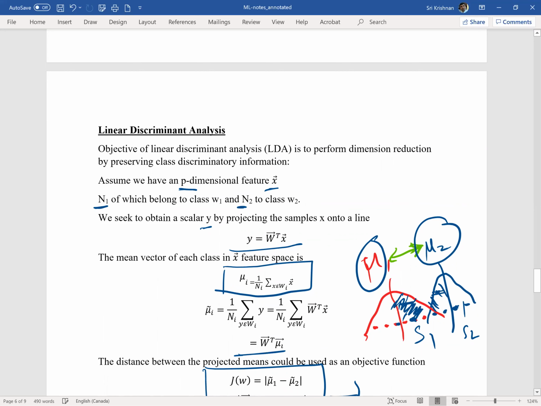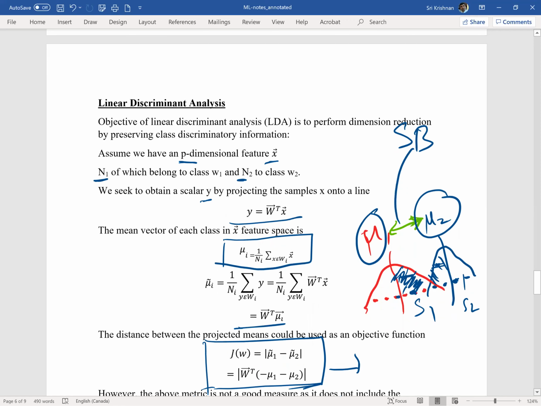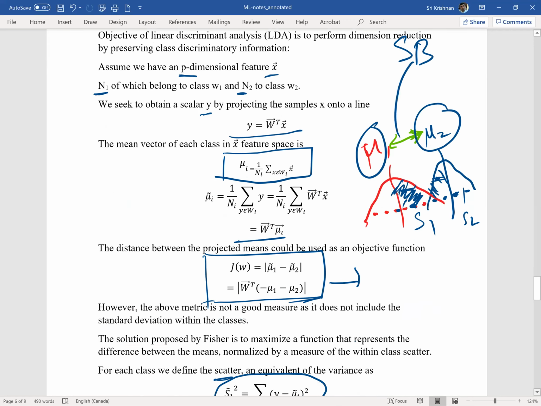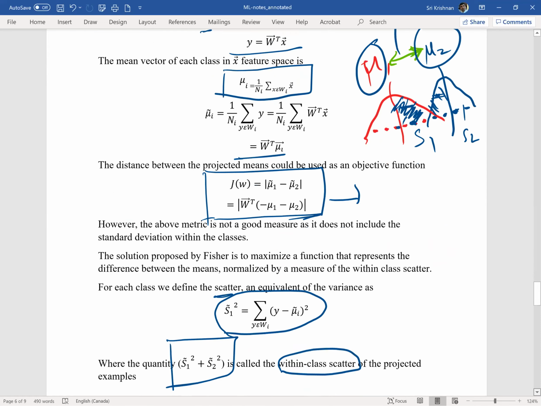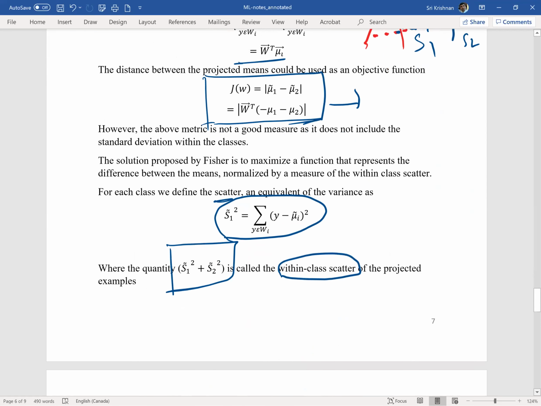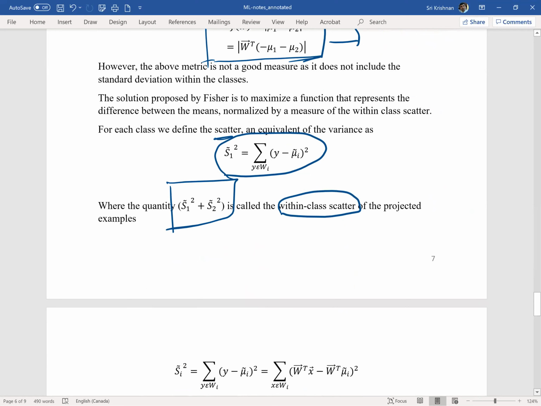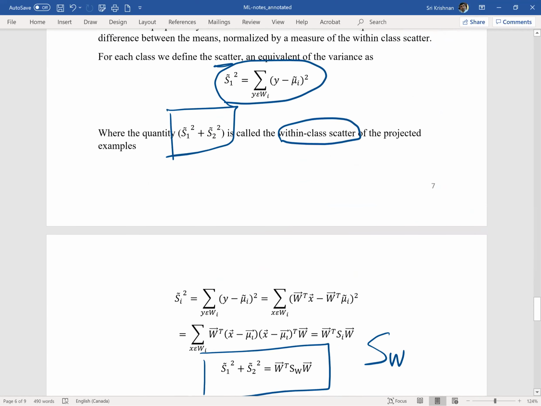And when we take the variance of this particular distribution, it's called the between class variance. So two simple parameters are calculated again: the means of the classes and the variance of the classes. The only difference is that we call the variances scatter, because that's the terminology used in the LDA technique.